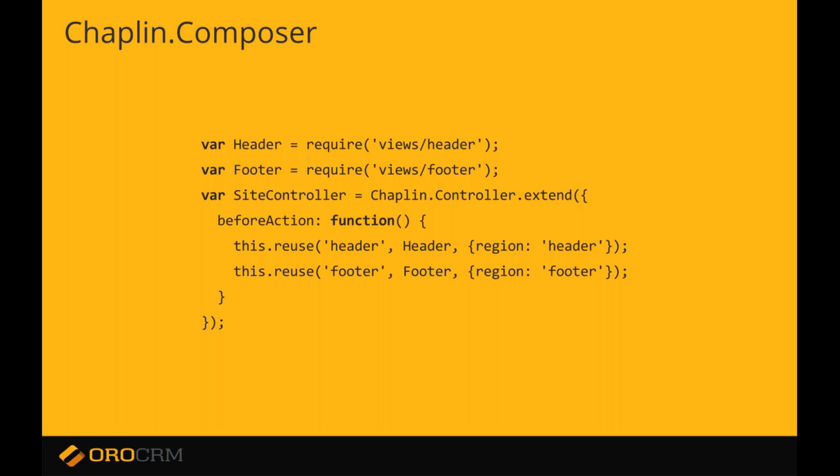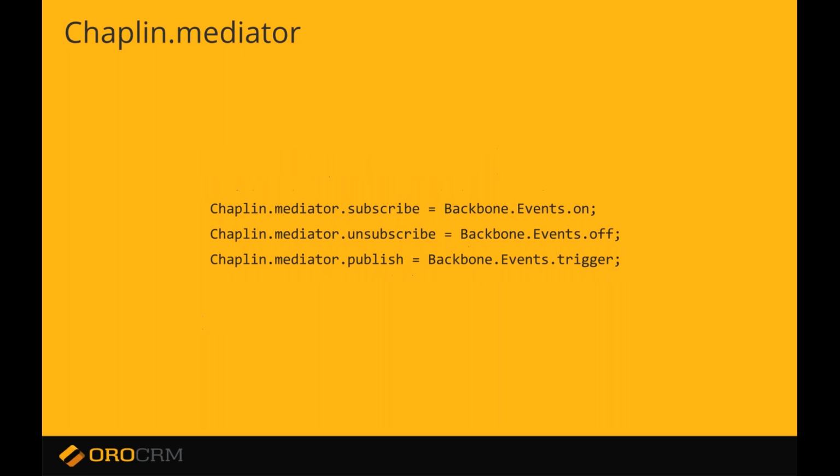And if the properties for the composition are the same, the composer will reuse the view. So here you can see that we have two views, header and footer, but we don't create an instance manually. We just tell the composer to reuse instances if they exist. If they don't, the composer will create a new instance.